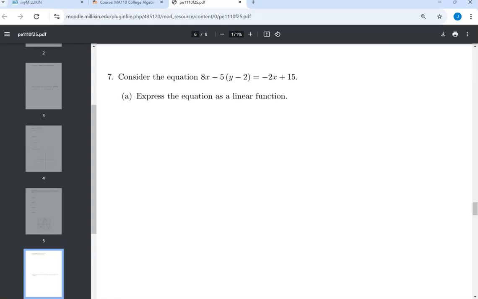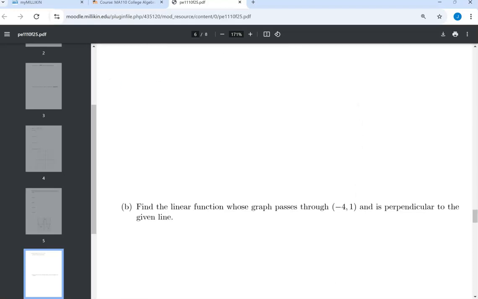When the problem asks you to express something as a linear function, that literally means to do what? Yeah, make it y equals something, right? Solve for y. So again, when it says express as a linear function, it just means solve it for y. That's all it means. This one has a function that goes through a point and is perpendicular to a line.